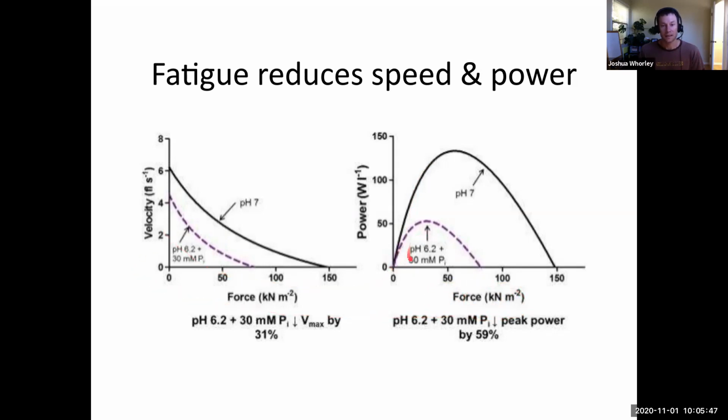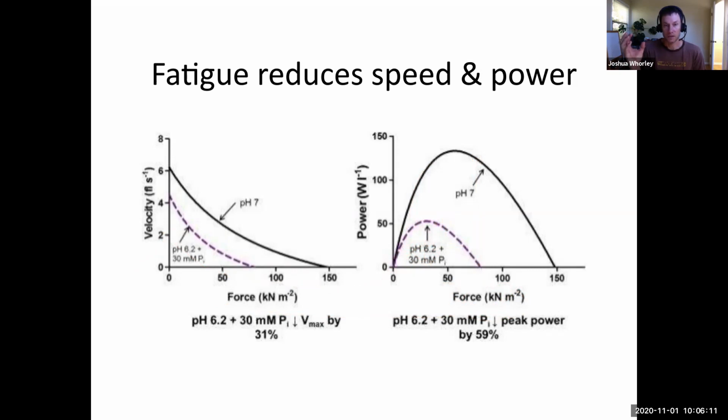And at an acidic pH, that curve is still there, but it's again severely depressed. So a force that would normally produce this power up here, this force produces almost no power to move the muscle, right?